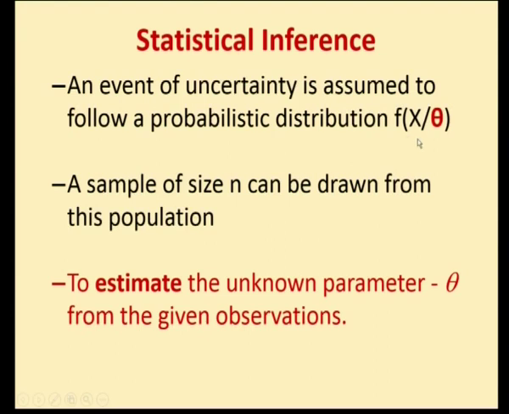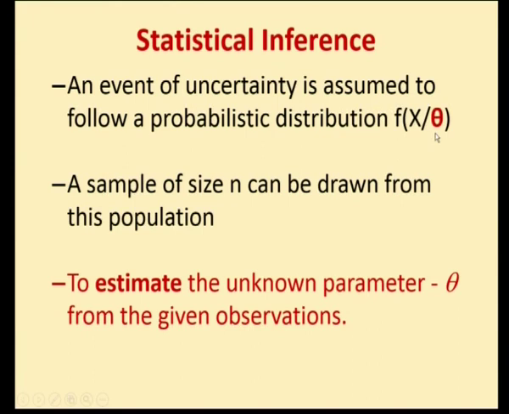What is the meaning of a parameter of interest, which we may sometimes call a variable? We have a simple notation, f of x given theta. The statistical inferential problem is primarily interested in understanding something about this theta.